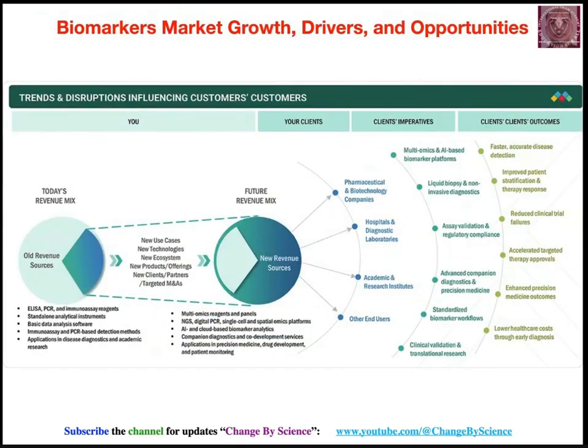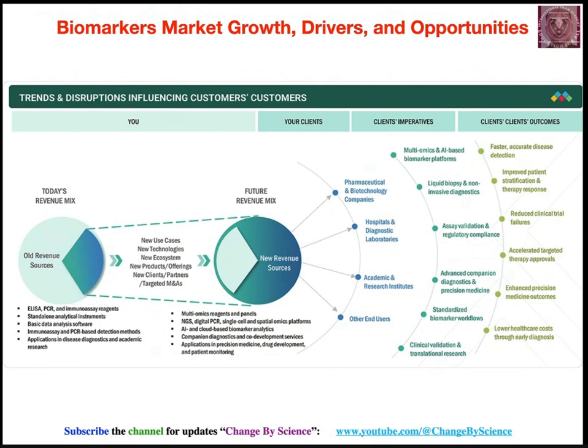Since there are so many promising points with biomarkers, there is also a big impact on market growth. Biomarker market growth, drivers, and opportunities are huge, along with the trends and disruptions influencing customers.